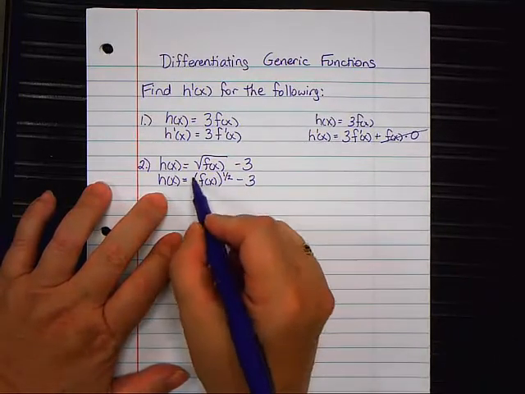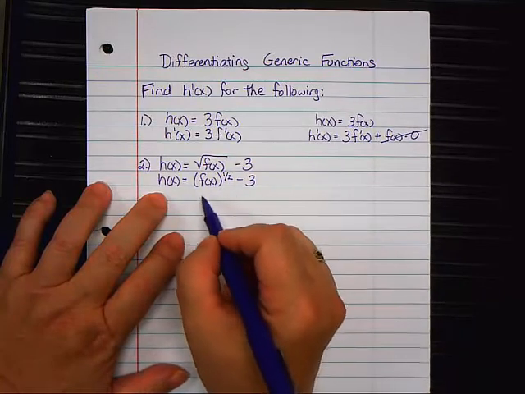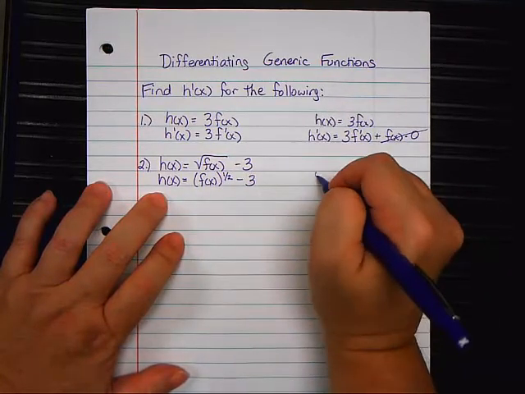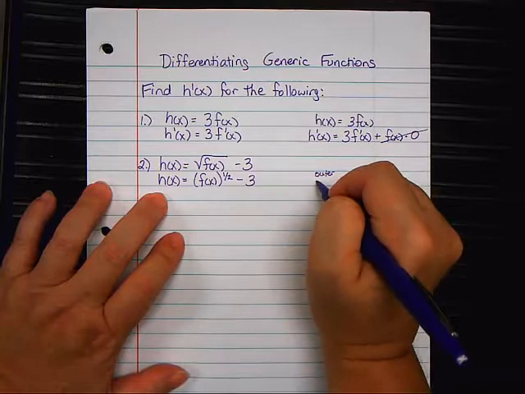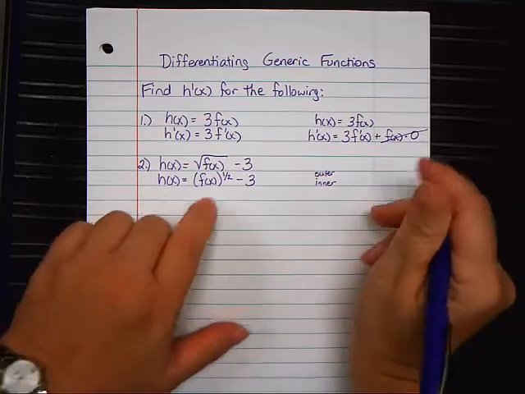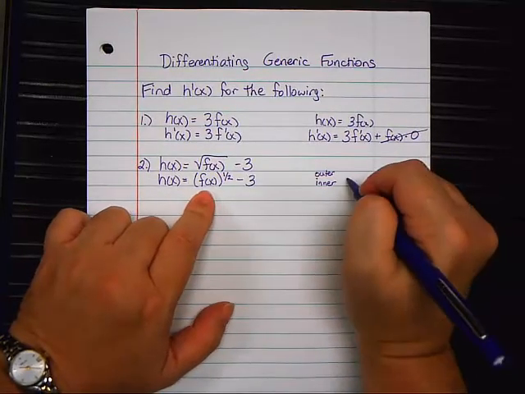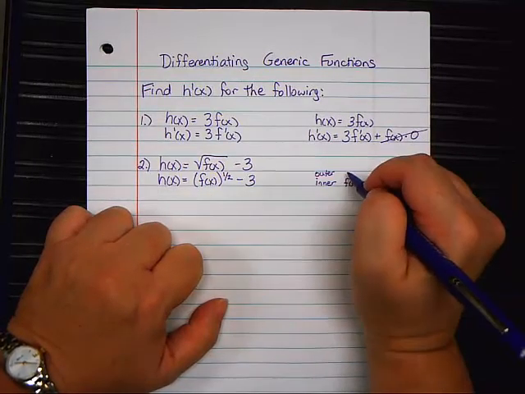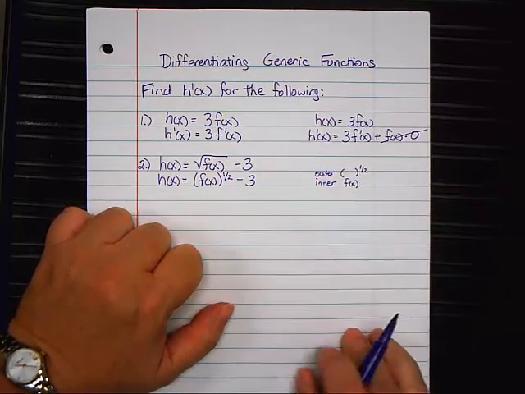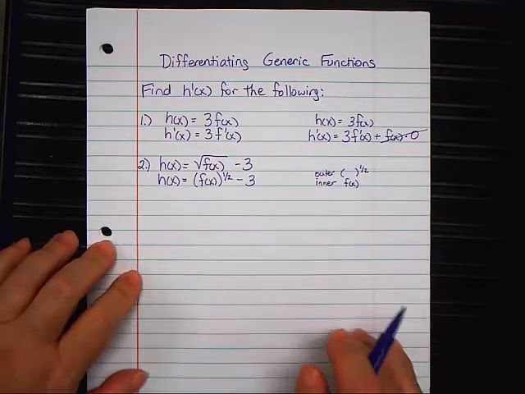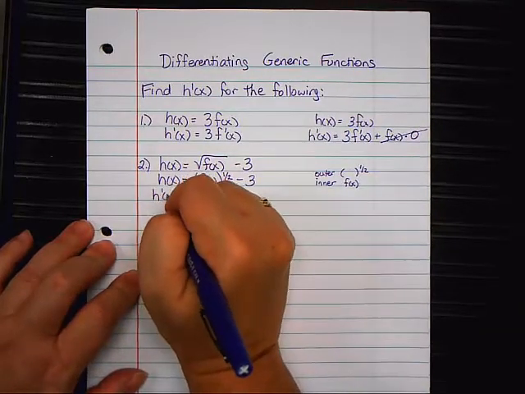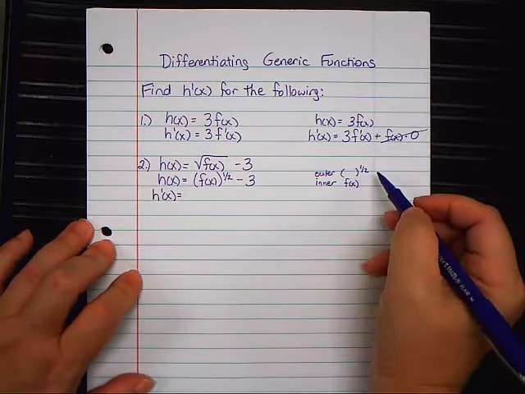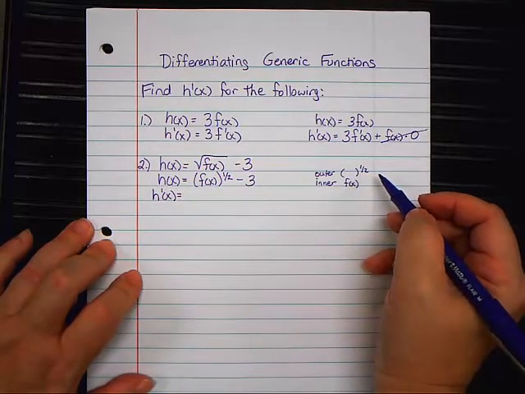Okay? This right here is chain rule. The outer function and the inner function. What's the inside function? f of x. What's the outer function? Parentheses to the 1/2. Okay? So h prime, derivative of the outer first.